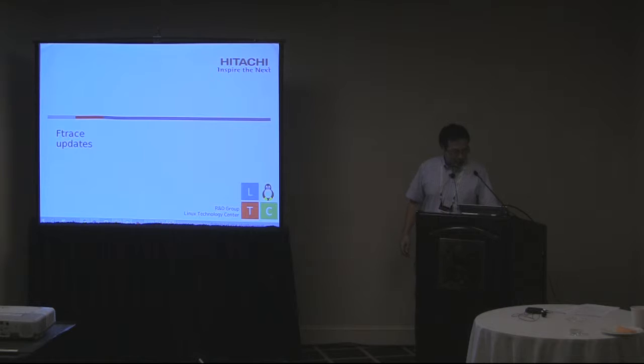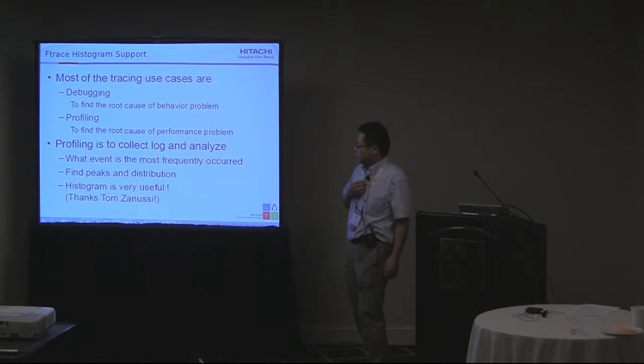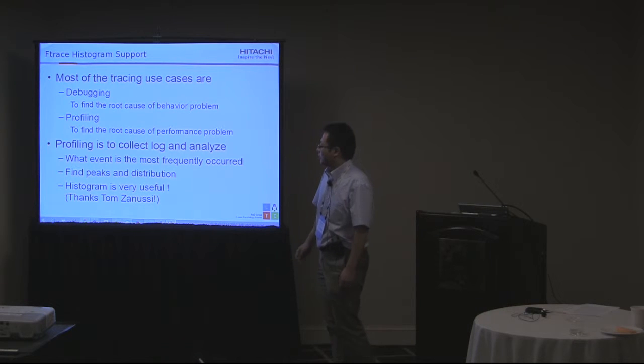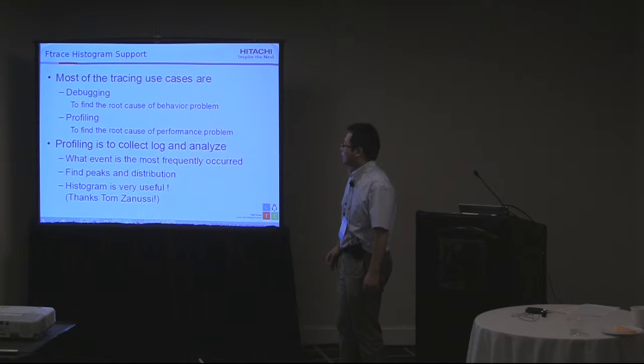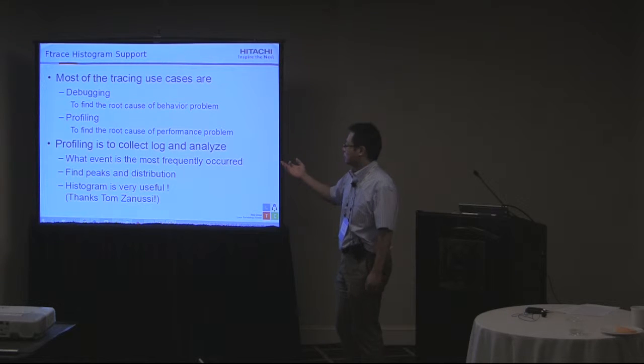And the next, ftrace update. Here I'd like to introduce ftrace histogram support. That is actually Tom's work. And why is the histogram required? Most of the tracing use cases are debugging or profiling. Debugging is to find the root cause of a behavior problem, and profiling is for root cause performance analysis.